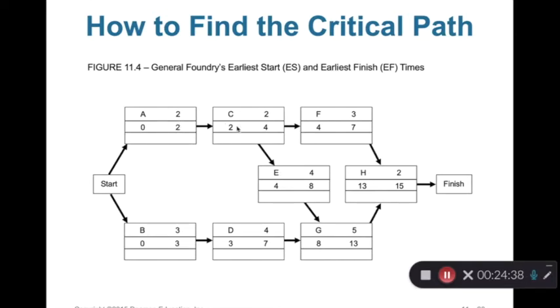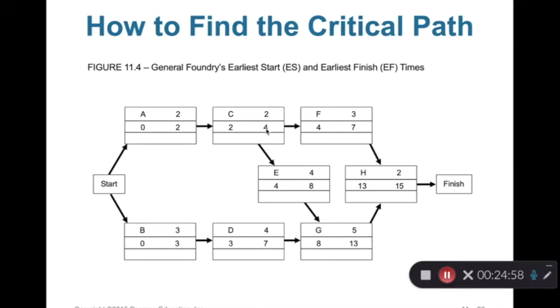C has only one immediate predecessor, so the ES for C equals the EF of A, which is 2. Just copy 2. 2 plus 2 equals 4.